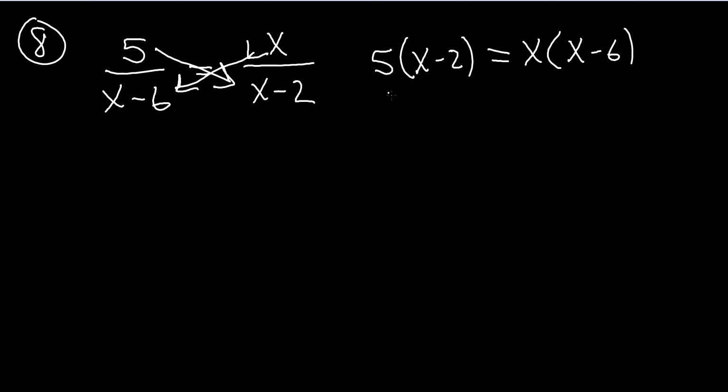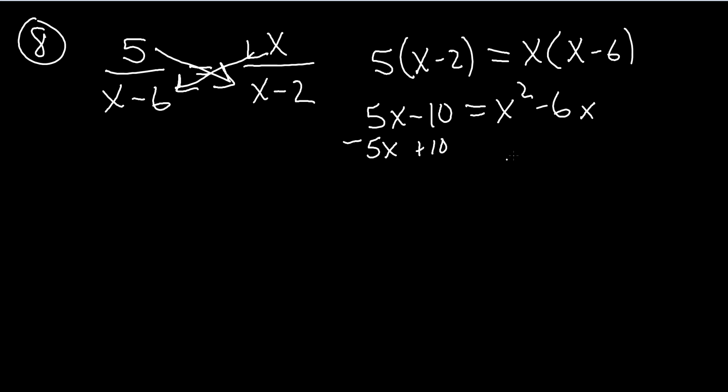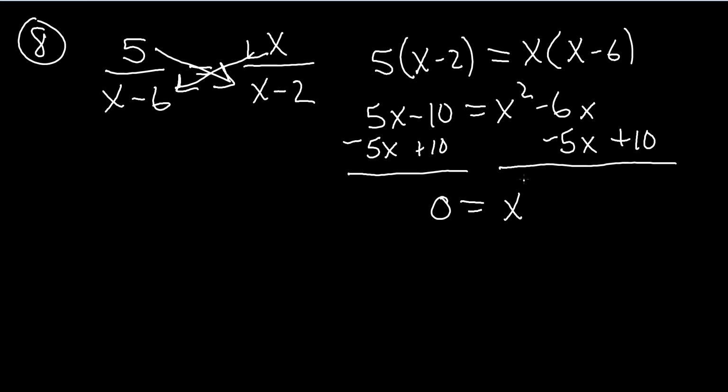So when I go to solve for x, I'm going to have 5x minus 10 equals the right side of x squared minus 6x. I see the quadratic there, so I'm going to get it equal to 0 by subtracting 5x and adding 10 to both sides. So this is 0 equals x squared minus 11x plus 10.